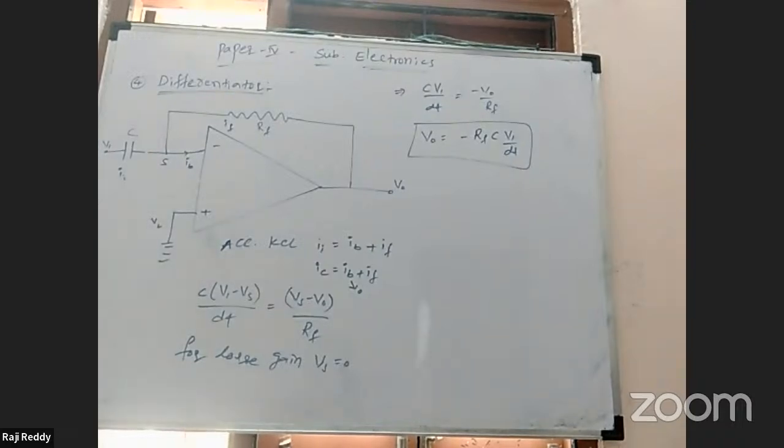Check it once. That much only. Output voltage V naught is equal to minus RF C dV1 by dt. RF is the feedback resistor, C is the input capacitor.